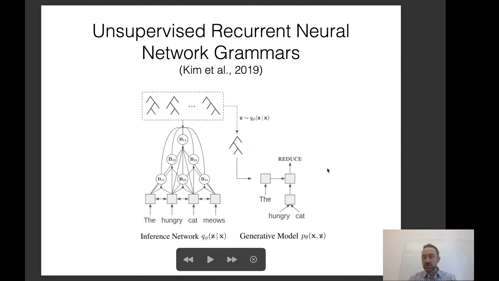There are also difficulties here, however: in order to learn a good tree structure, you need your downstream generative model to be able to use this tree structure in an intelligent way. But if your downstream generative model isn't trained well in the first place, then it becomes very easy to have a kind of posterior collapse to very trivial solutions where we have only left branching trees or right branching trees. So this is a very interesting but difficult problem.